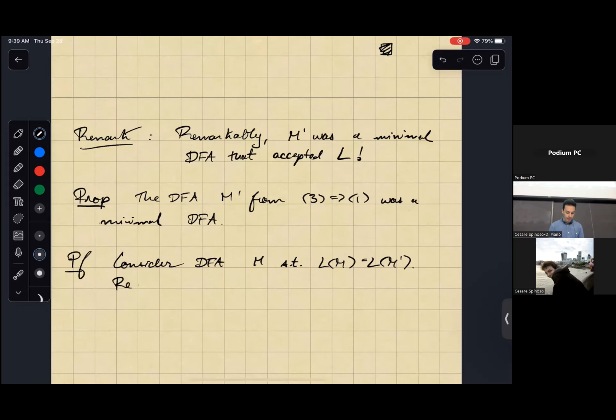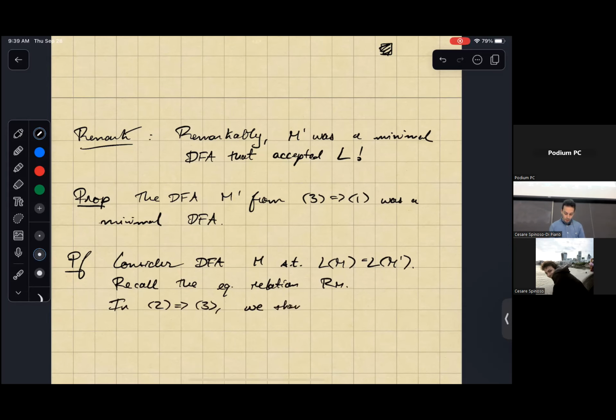Now recall for a second the equivalence relation R sub M. Okay, so keep it in your head. Remember about R sub M. Store it in memory. Now remember what we did in the proof of 2 implies 3.